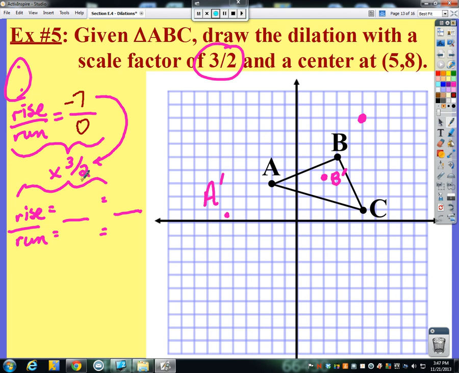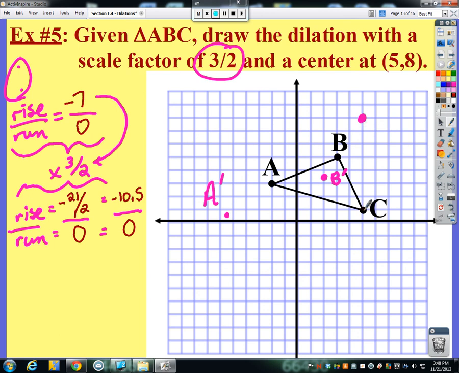Okay, so now let's multiply our rise and run by our 3 half scale factor. So -7 times 3 halves, that's -21 halves, aka -10.5. Our run of 0 times 3 halves is still 0. So we're still not going to move anything left or right. So now again, go back to the center, and we're going to apply our new slope. So -10.5.